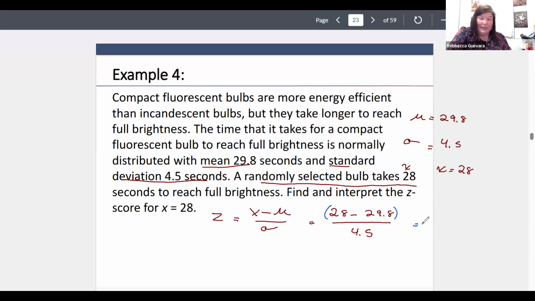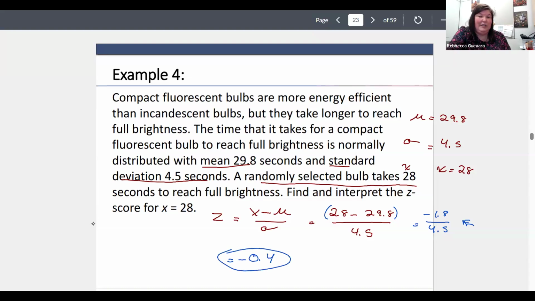I have to do that again because I got a z-score of 40, which I'm pretty sure shouldn't happen. This would be negative 1.8 divided by 4.5. And what we get is a z-score of negative 0.4.